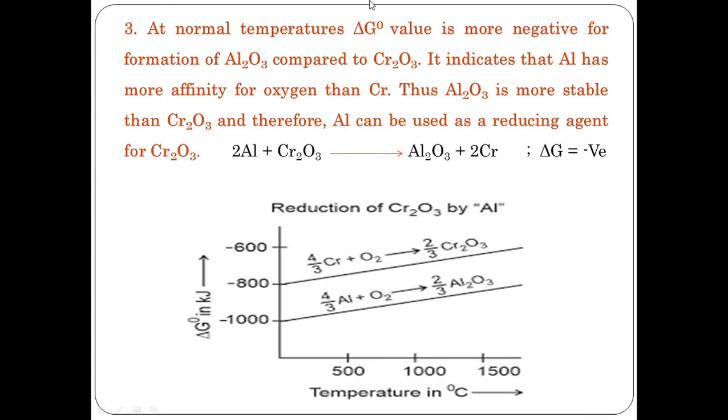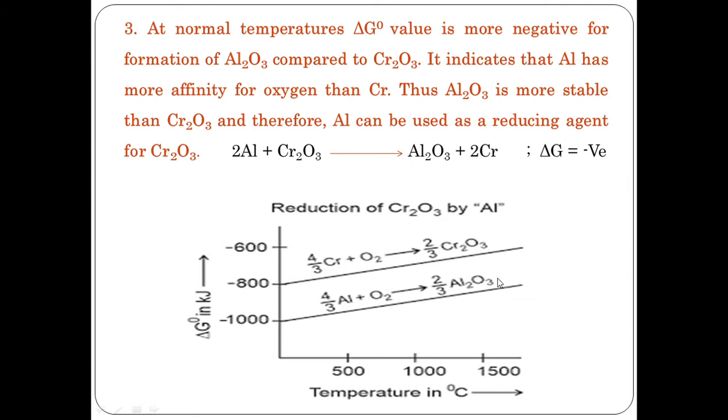Next point, at normal temperatures, the delta G naught value is more negative for the formation of aluminum oxide compared to chromium oxide. So at normal temperature, aluminum oxide has a more negative delta G value when compared to chromium oxide.